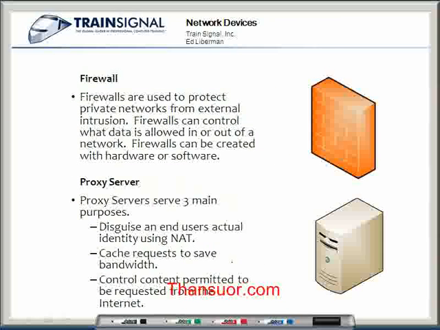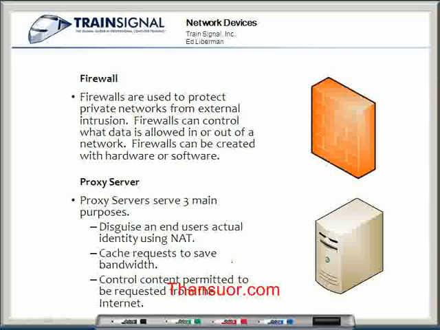Now, if we move along from here, here's a couple of security-related devices that we have. One is a firewall, and firewalls are used to protect private networks from external intrusions. Firewalls control what data is allowed in or out, so it controls both inbound and outbound data to or from a network.